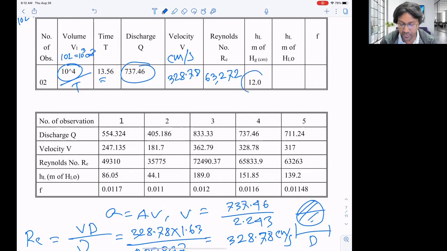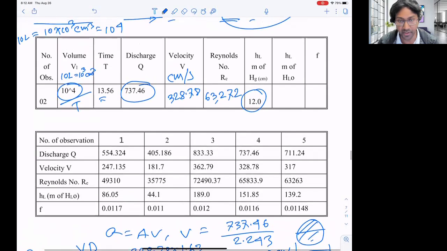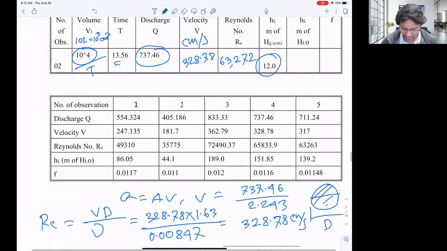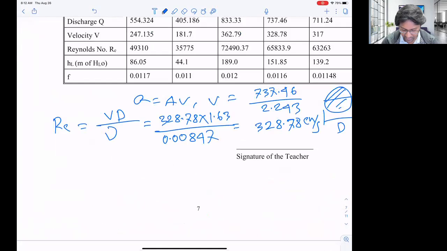From that experiment, we calculated the head loss directly from the setup. The difference between these two piezometers, the 12, is the height in a mercury manometer, so we have to convert it to height of water. How can I do that? We know that the specific gravity S is equal to 13.6 for mercury.